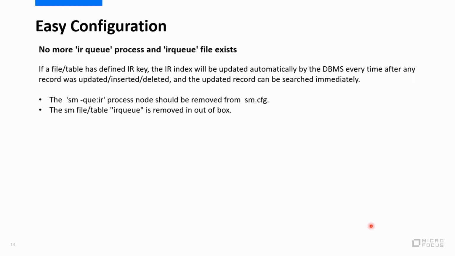Okay, with the new IR solution, if a file or table has a defined IR key, the IR index will be updated automatically by the database itself. And the updated record can be searched immediately.